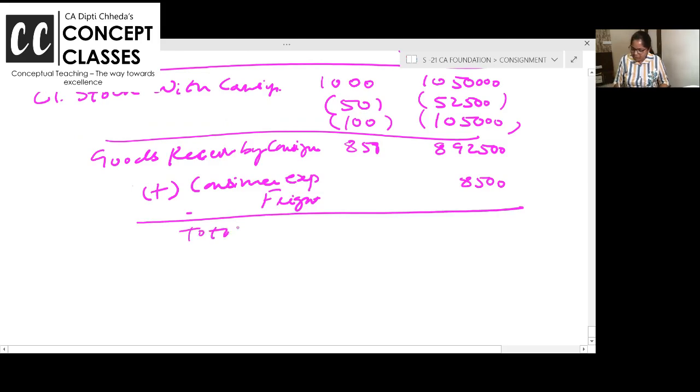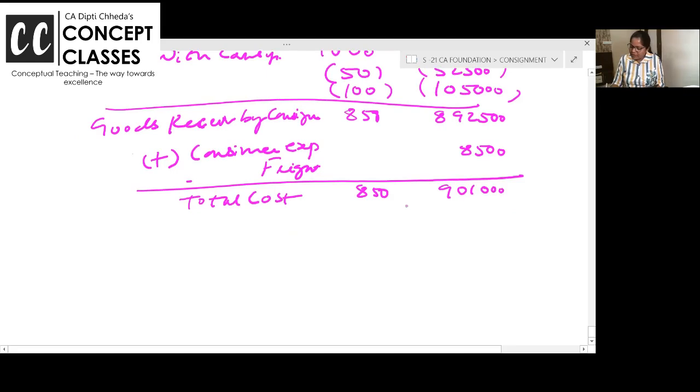Now, total cost for 850 units: 892,500 plus 8,500. 9,01,000 divided by 850. 1060 per unit is coming. Out of 850 units, how many are sold? I just told you, 700 sold.